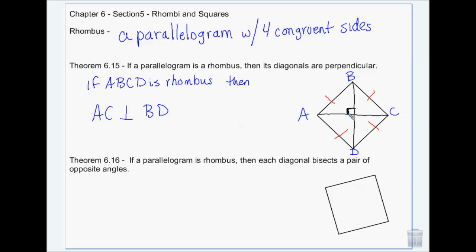Also, if it's a rhombus, the diagonals bisect the angles. Okay, so PQRS. And I'm just going to number the angles to make things easier.